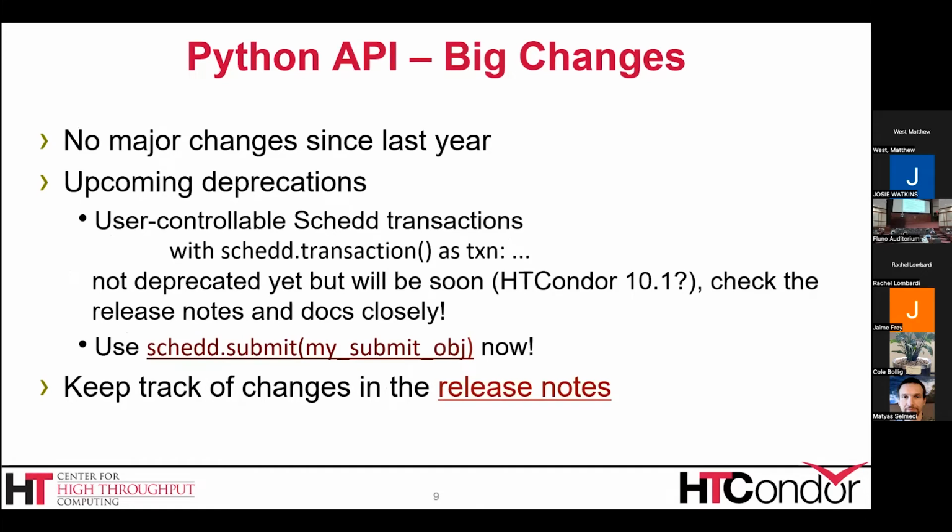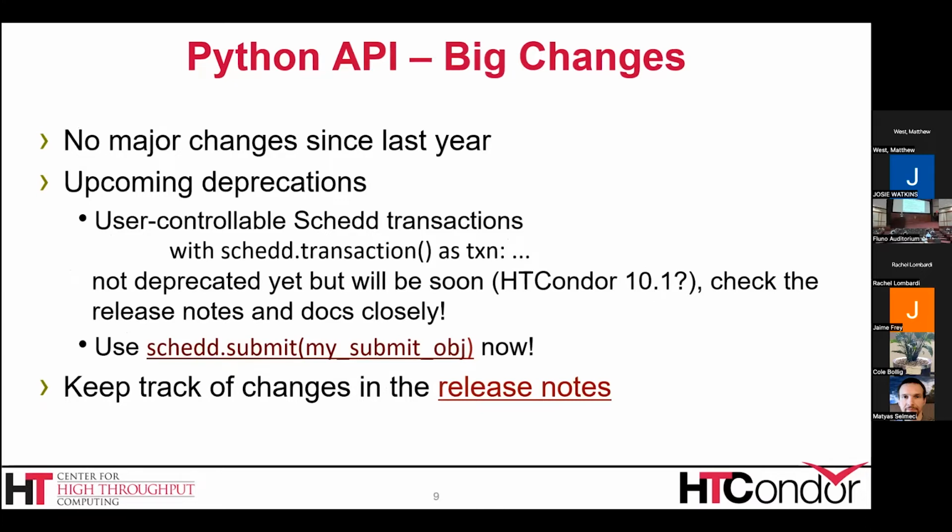Usually at this time of the presentation, I bring up big changes that have happened to the API. Fortunately, there really hasn't been any in the last year. One thing that I think I've brought up a couple times now, but it's just to make sure that it's fresh in your head, is that we do want to try to get rid of these user controllable scheduled transactions at some point.